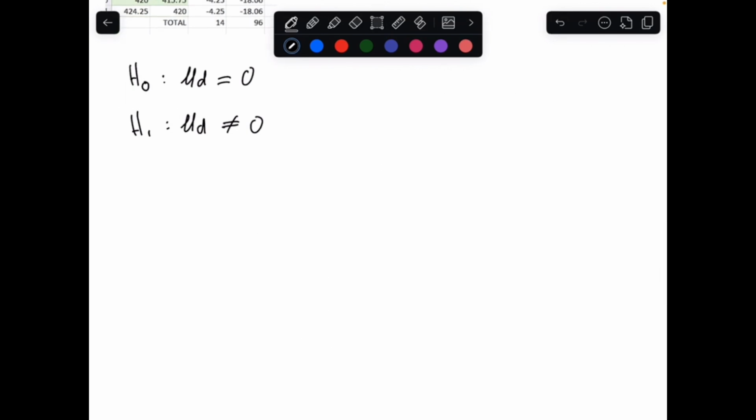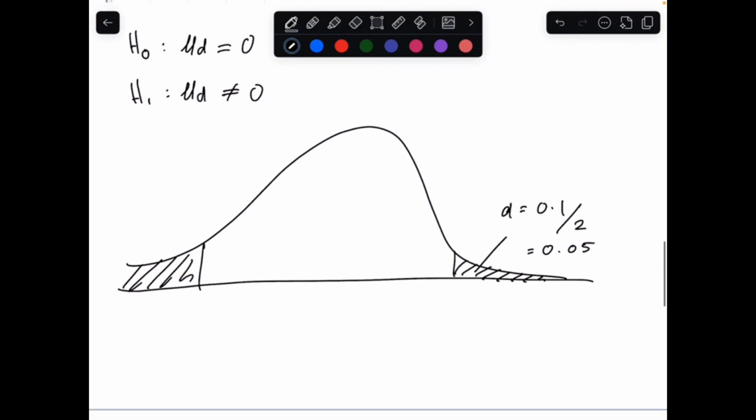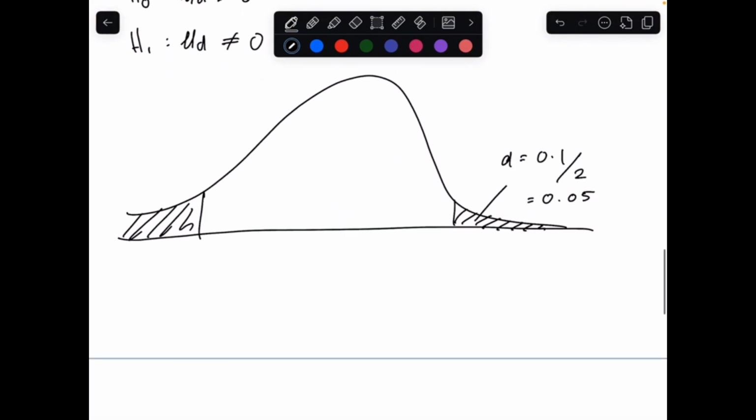We have to draw a bell-shaped graph. So this is our alpha equal to 0.1 over 2, so we will get 0.05. To find the t value, we have to look at the t table.